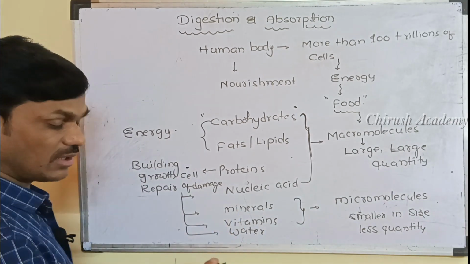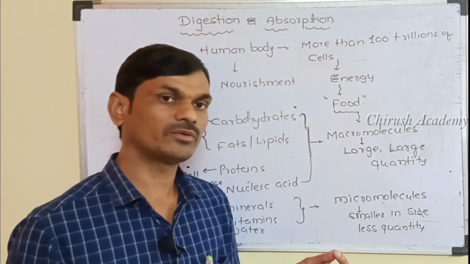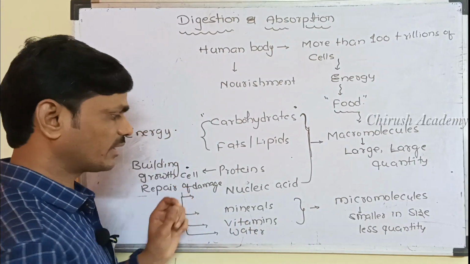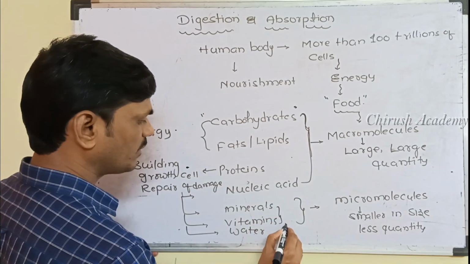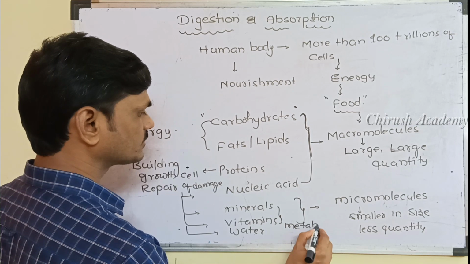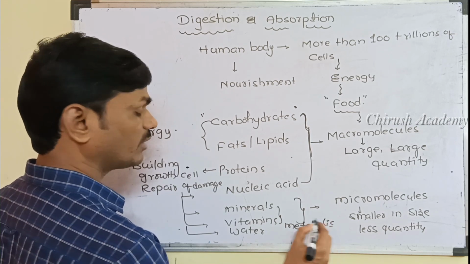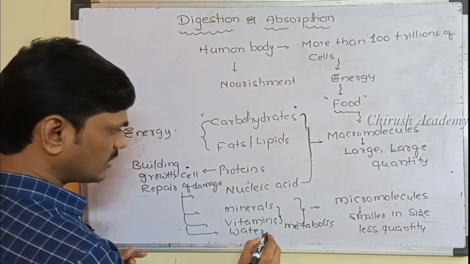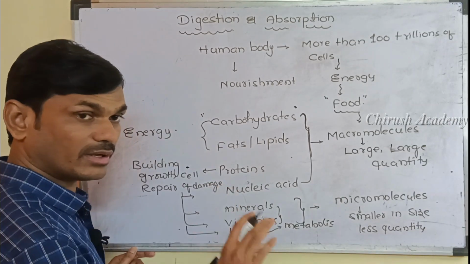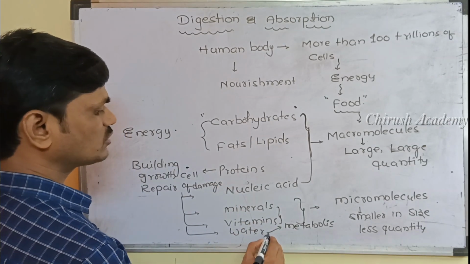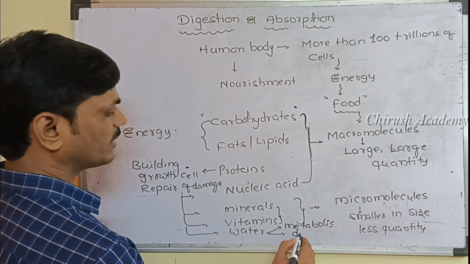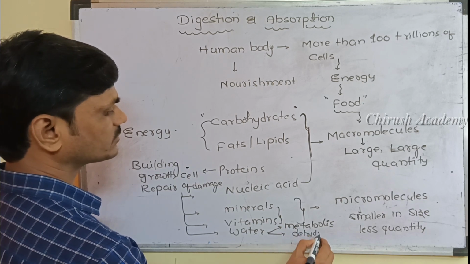Minerals and vitamins, although we take them in very small amounts, play a very important role in metabolic activities. Water also plays a very important role in metabolic activities, and it also helps in the prevention of dehydration.